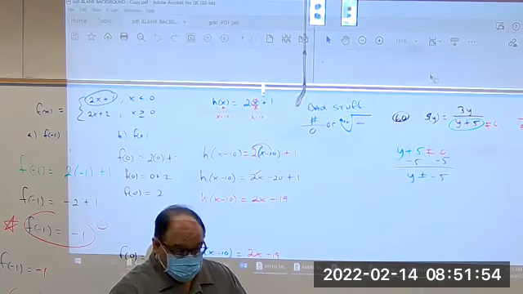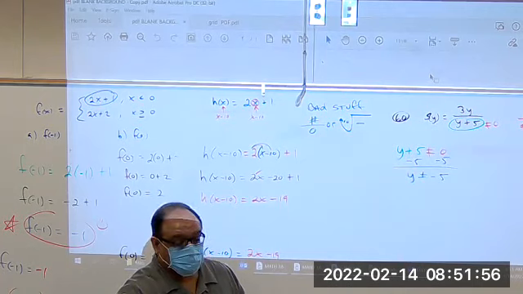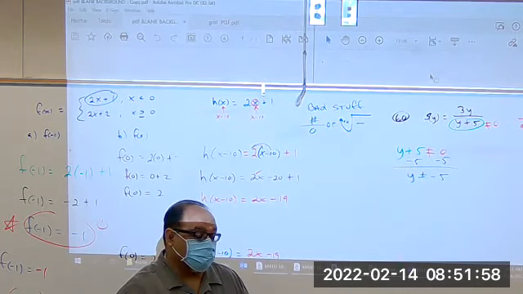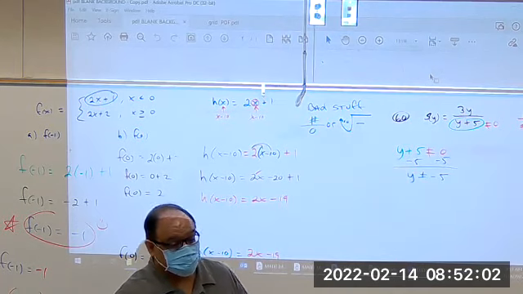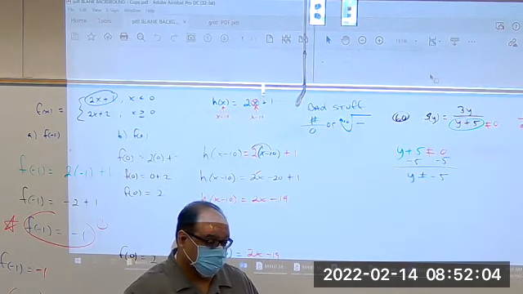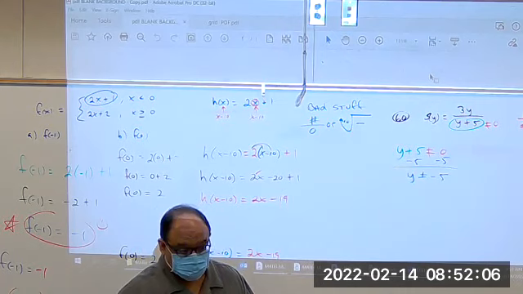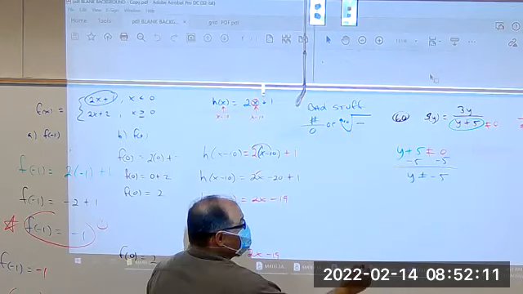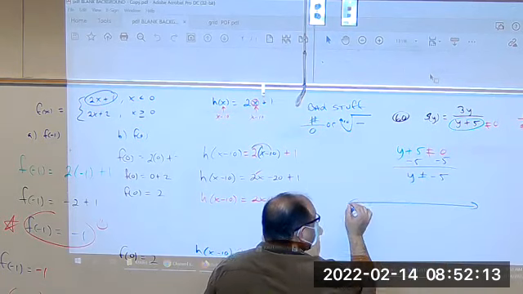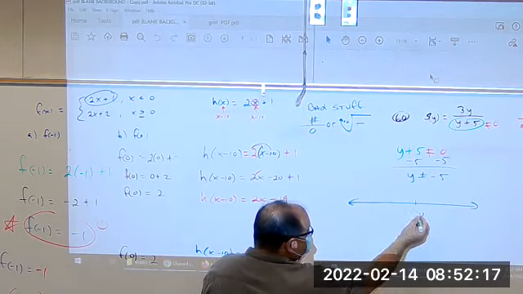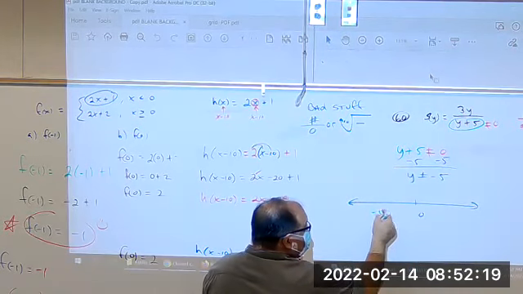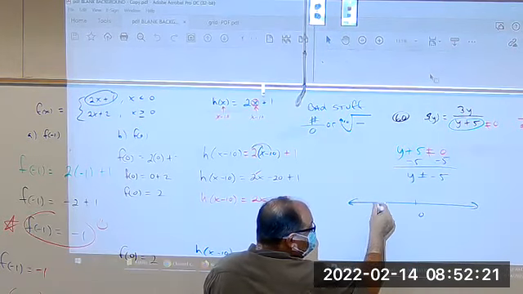Now here's the deal. In earlier classes, you would say the domain is all real numbers except y cannot equal negative 5. That's a mouthful. So what does that look like? On a number line, maybe 0, and negative 5 is over here on the left. You can't use it, so there's an open circle.